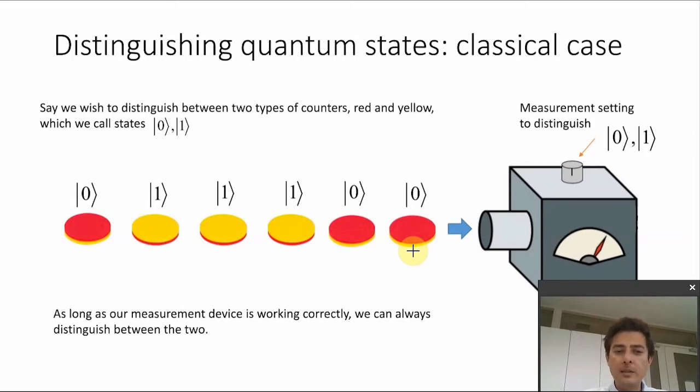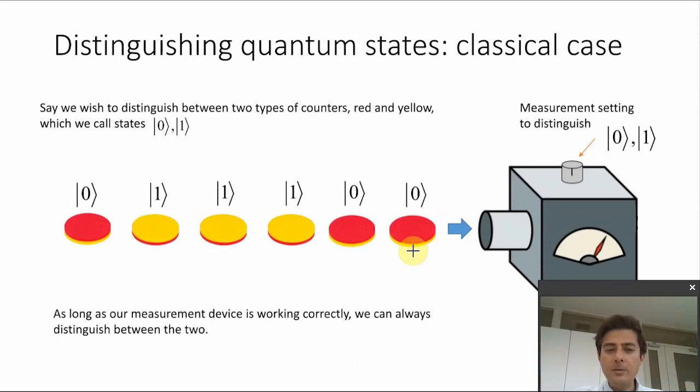It's such a non-problem in classical physics that it doesn't even have a good name. It turns out in quantum physics, it's actually not always possible to distinguish between two states. If somebody gives you two different states, and you say, okay, I know that this is in state A and this is in state B, can you do some kind of measurement and work out which is which?